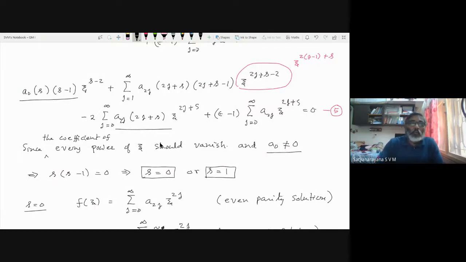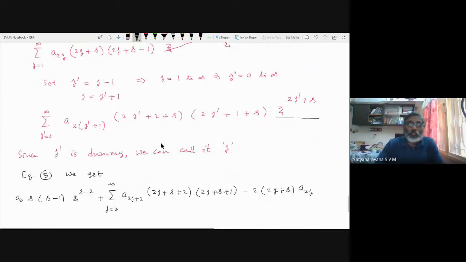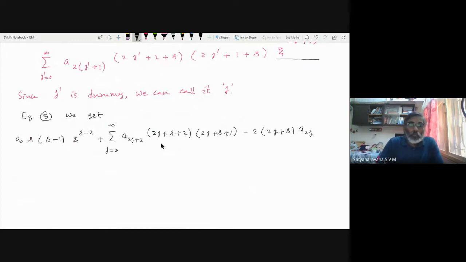And then I have epsilon minus 1 a 2j. This whole thing multiplied by xi to the power 2j plus s is equal to 0. So the general term is going to be the following.